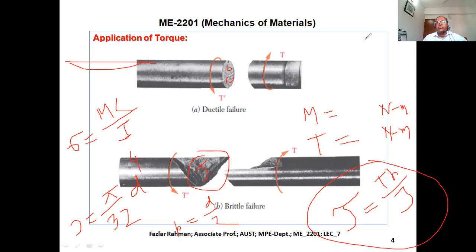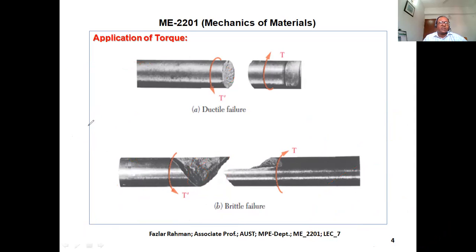Now, if you look carefully at this formula, shear stress tau equal to TR by J. So this is my cross section, and from here, right here, radius R. So what did you see?